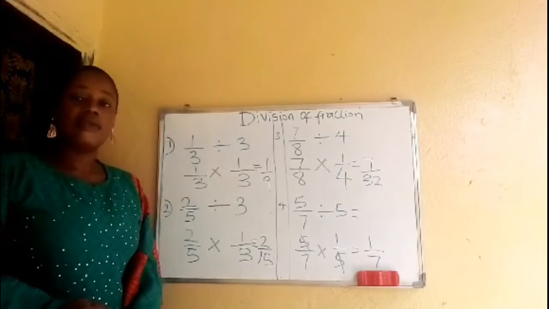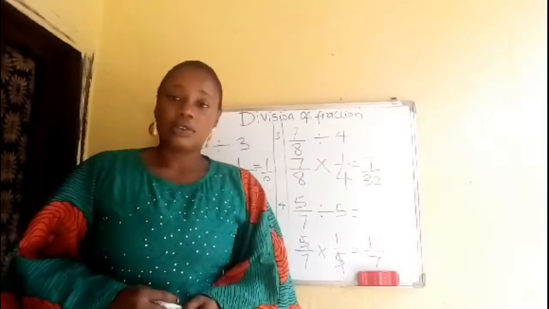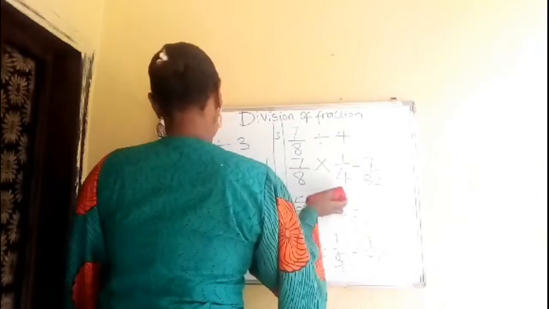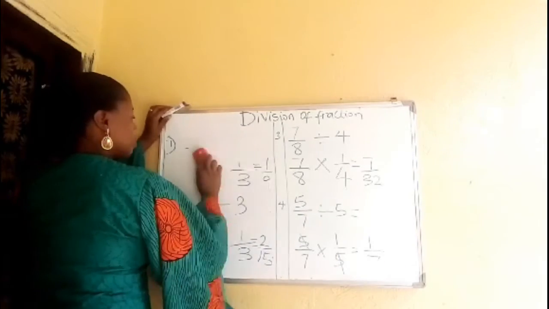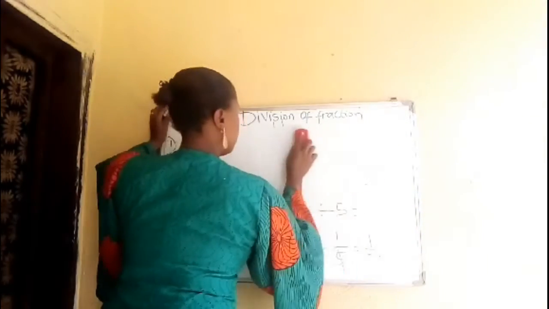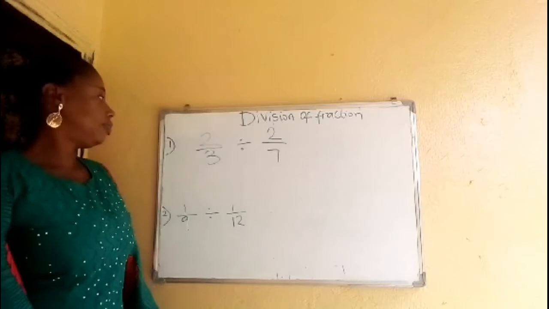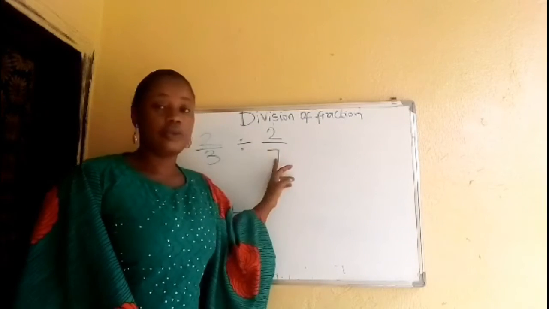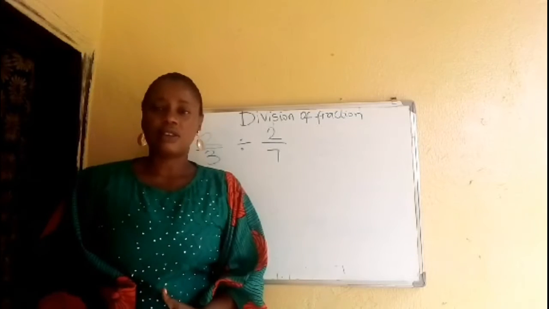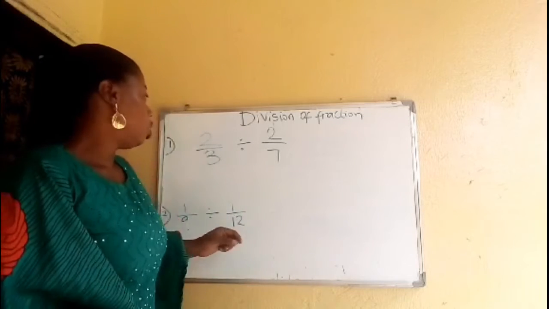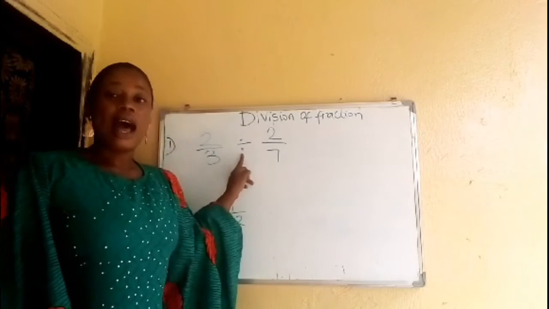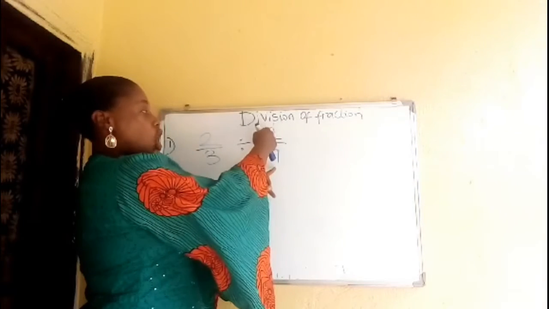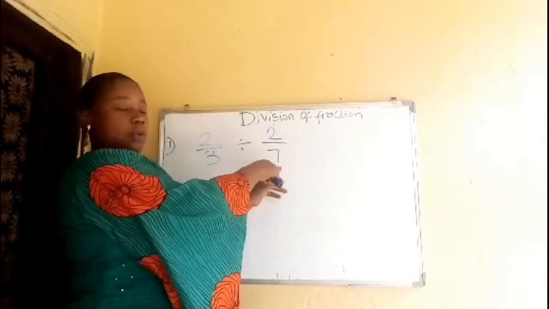Now, let us divide fractions by fractions. When dividing a fraction by a fraction, you change this to times, and when you change this to times, you turn the 7 up and bring the 2 down.